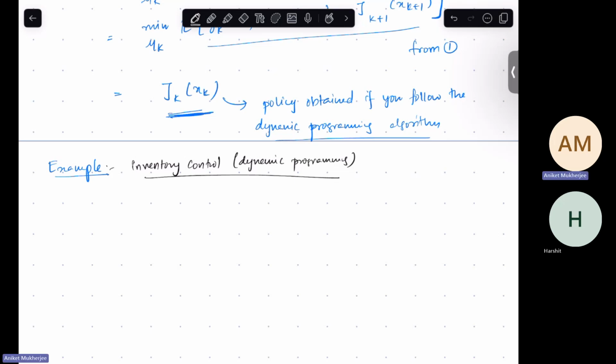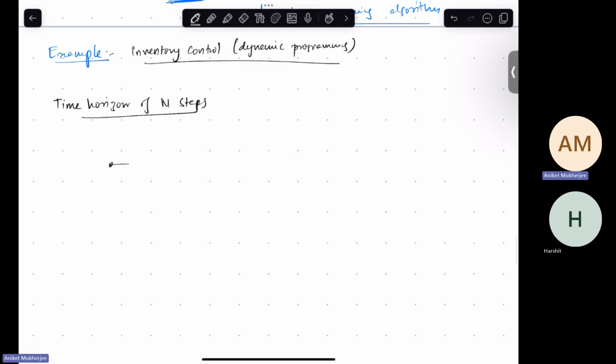Okay, before that, let me do a quick recap of what inventory control is. So you had a time horizon of n steps, right? So basically at 0, 1, 2, 3, so on, k, k plus 1, up to n.